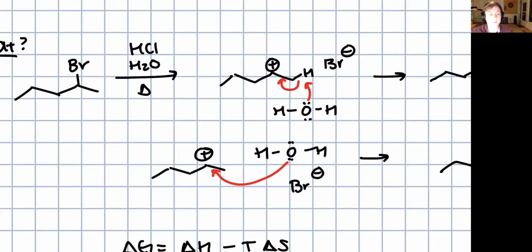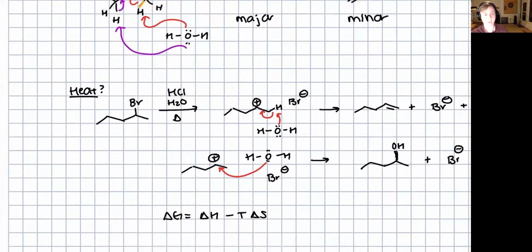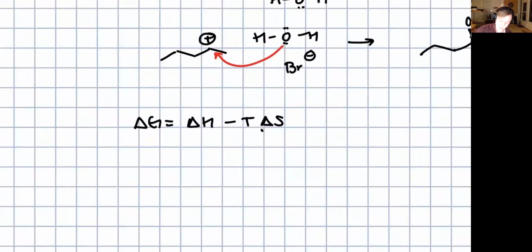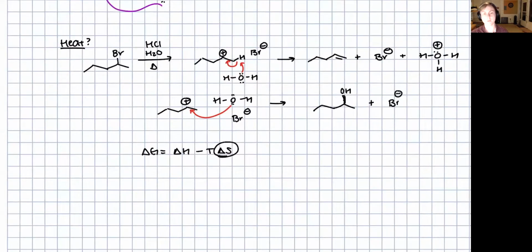With the dehydration reactions, if we increase the temperature, we make the entropy term more important. And because the elimination favors entropy, if we make entropy super important by raising the temperature, we can basically say that raising the temperature favors the elimination products.